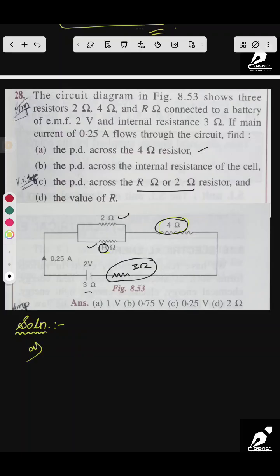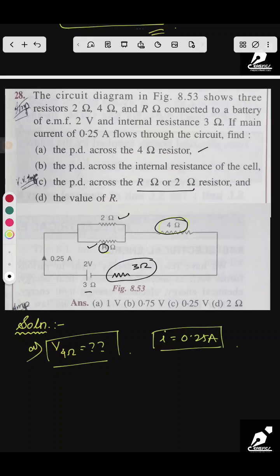Question number A. Potential difference across the 4 ohm resistance. Now, say me one thing. What is the current in the entire circuit? Current in the entire circuit is 0.25 ampere. Right? Okay. Now, because this part and this part of the resistances are in series, each of them will have the same current.